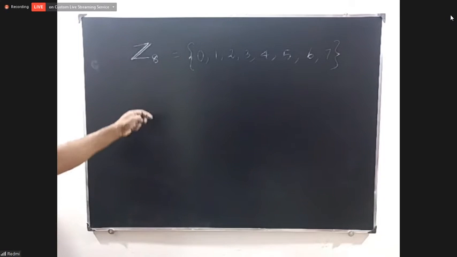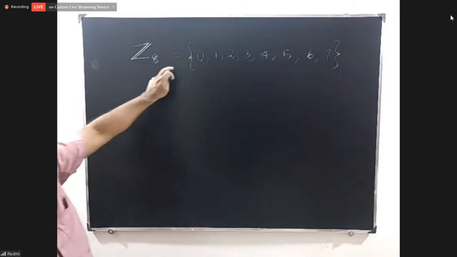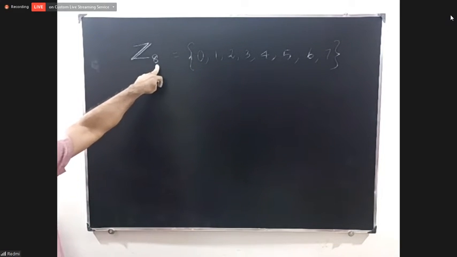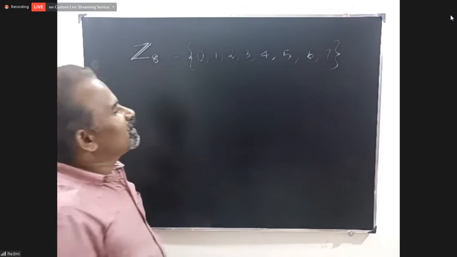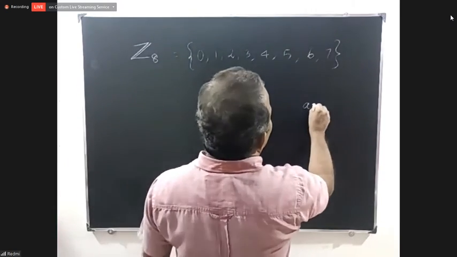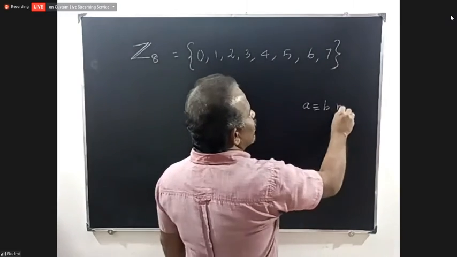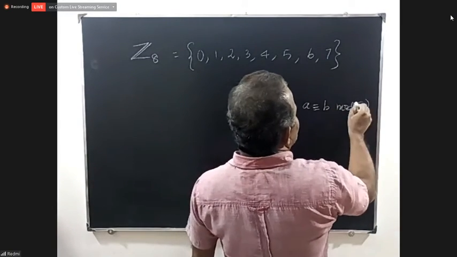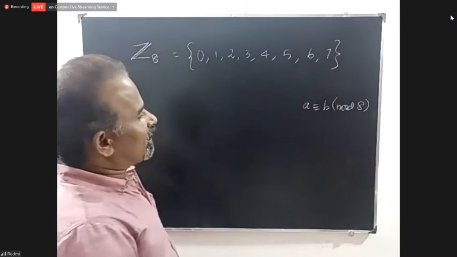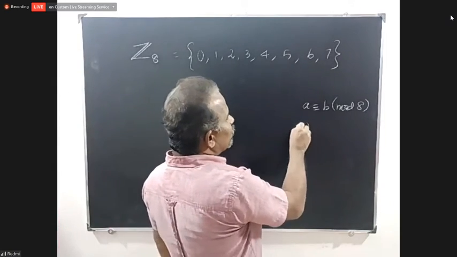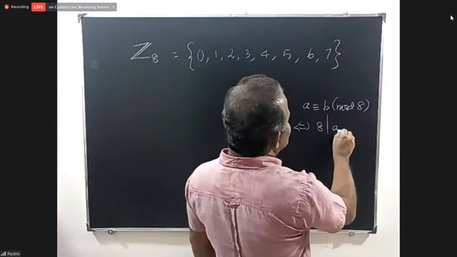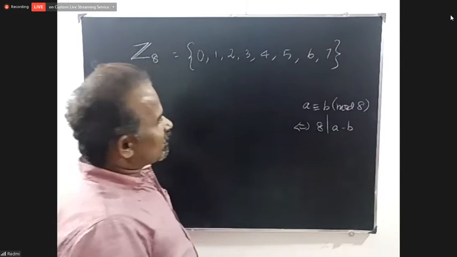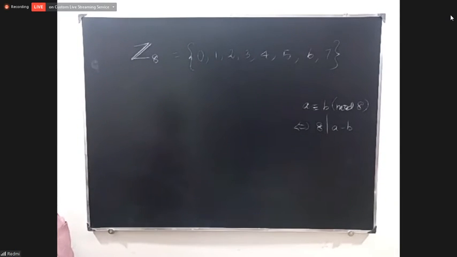We can also say that this is congruence modulo 8. Suppose a is congruent to b mod 8 if and only if 8 divides a minus b.